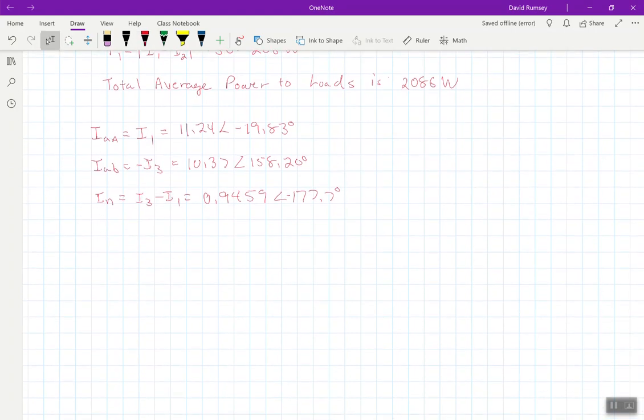So my losses here would be, well, power AA would be 11.24 squared times 1 ohm, which gets me 126 watts.